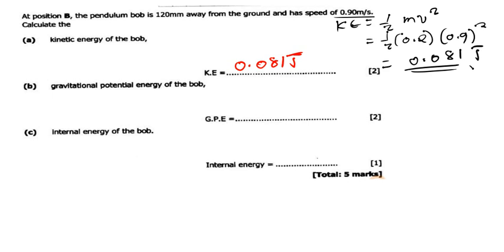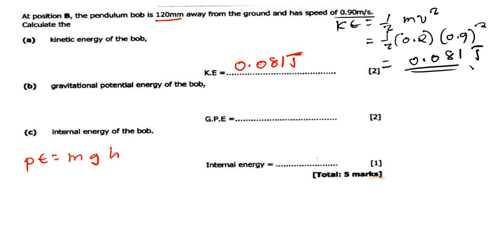Another one is now telling us to find the potential energy. Potential energy is given by the mass times g times h. h in this case is this one, but we need to convert that to meters. From millimeters to centimeters, we divide by 10. You can change it from millimeters to centimeters, then from centimeters to meters.